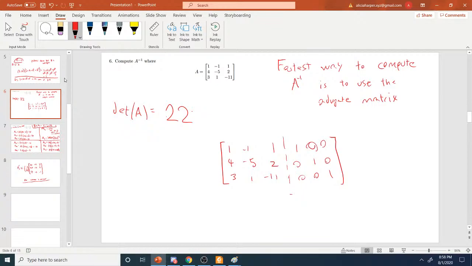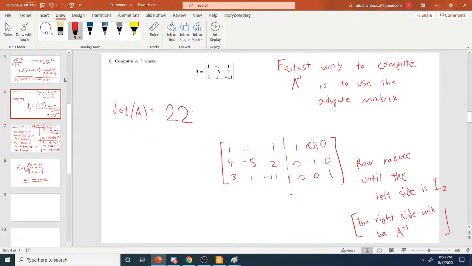And then you try to do row reduction until the left side is I3. And if you do that, the right side will be A inverse.